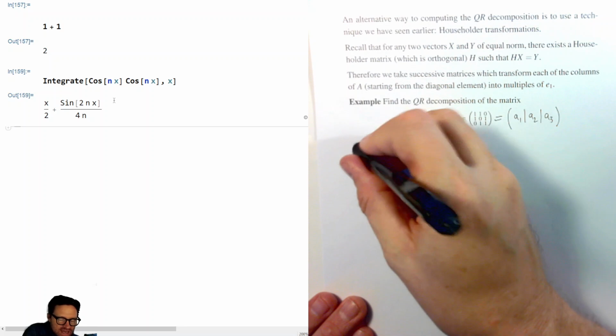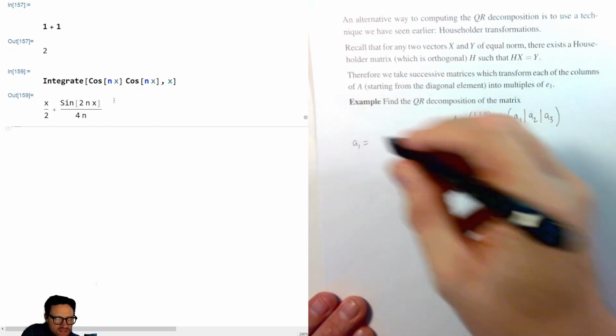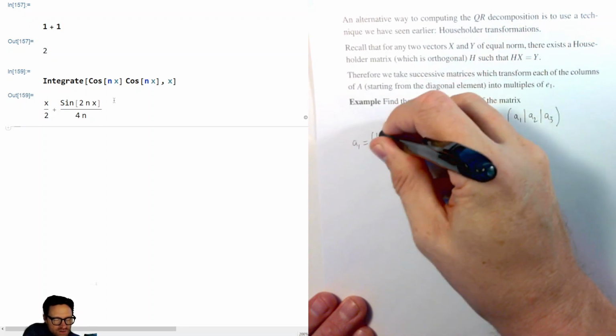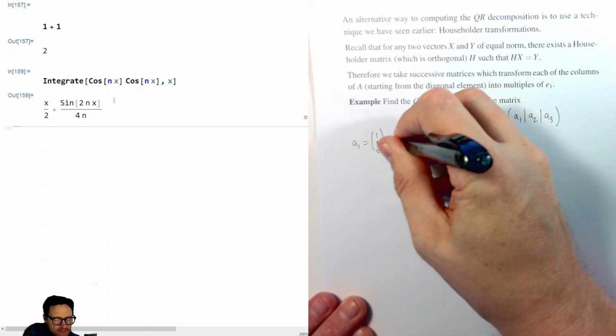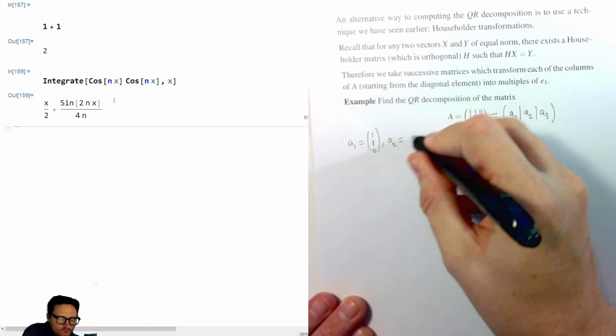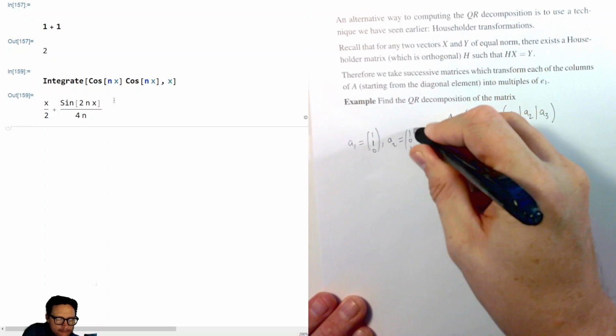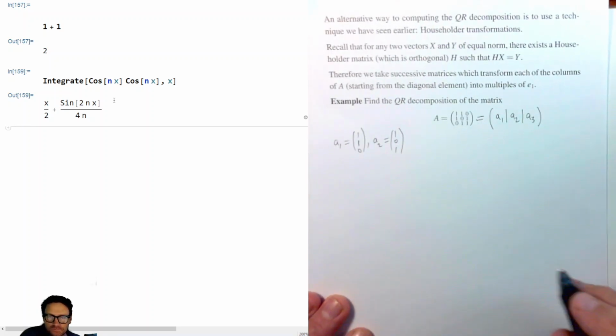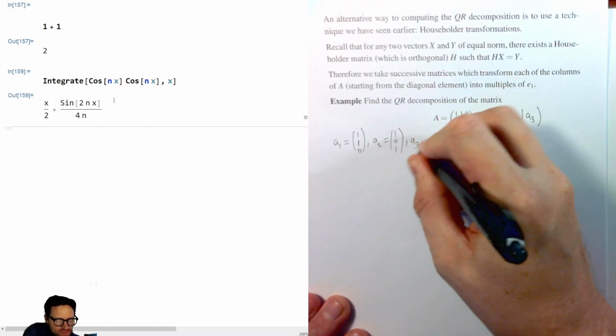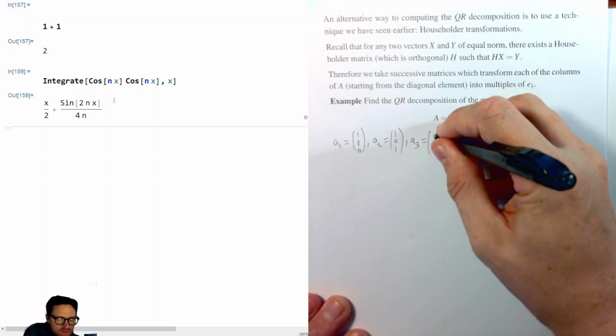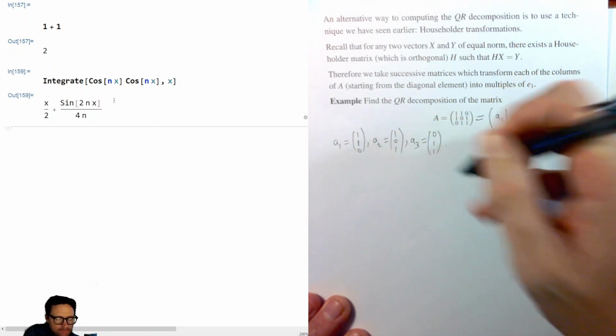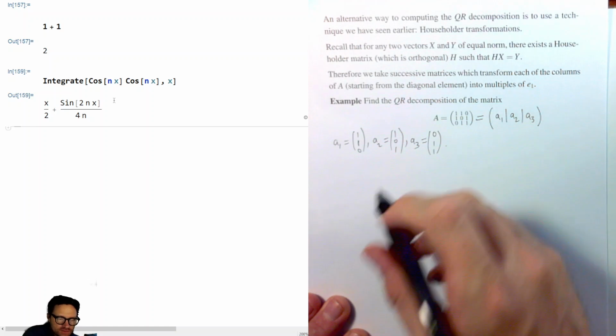So let's say A1 is 1, 1, 0. A2 is 1, 0, 1. A3 is 0, 1, 1. Let's follow the routine.